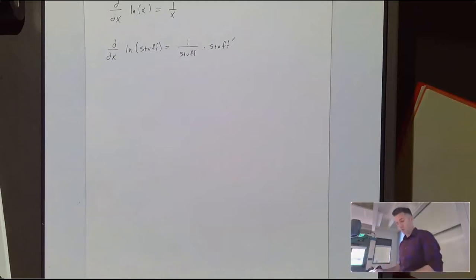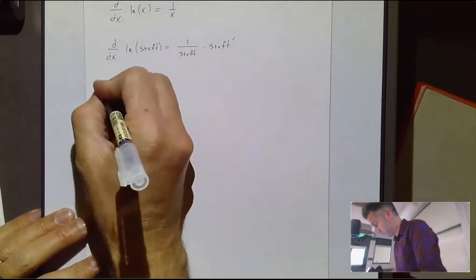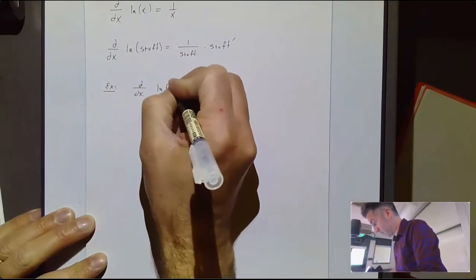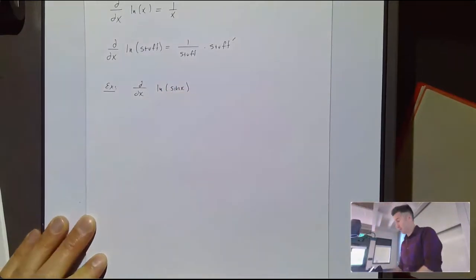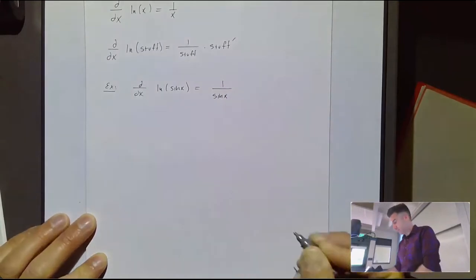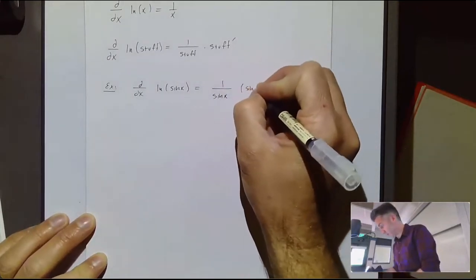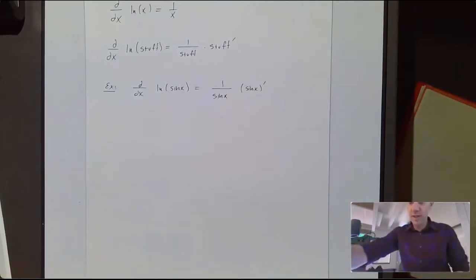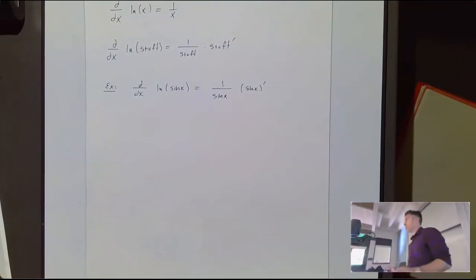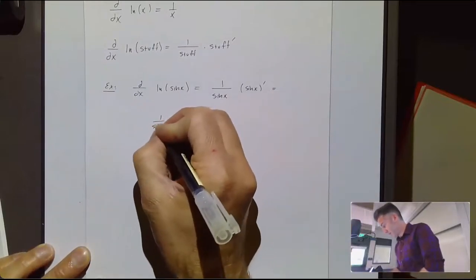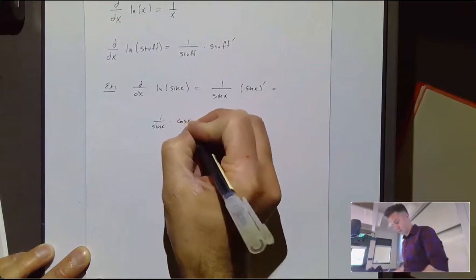So for example, we could find the derivative of the natural log of sine of x. And that's going to be 1 over sine of x times the derivative of sine of x, which is going to end up being 1 over sine of x times cosine of x.